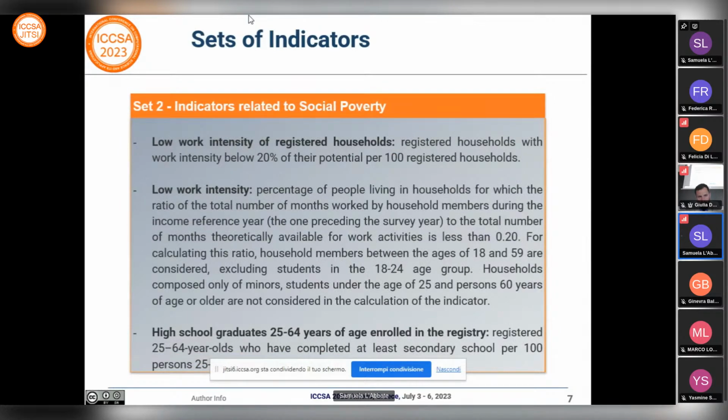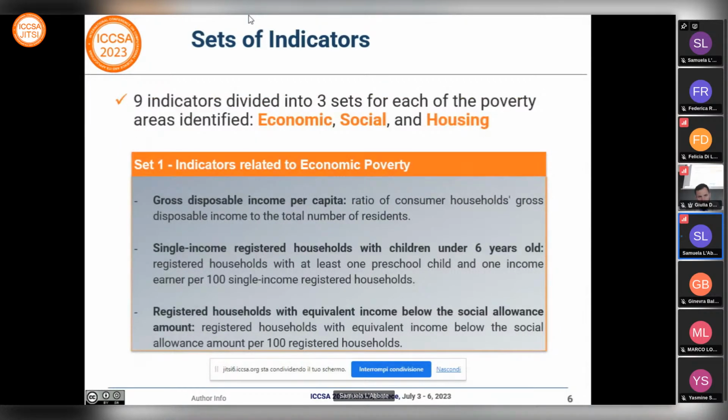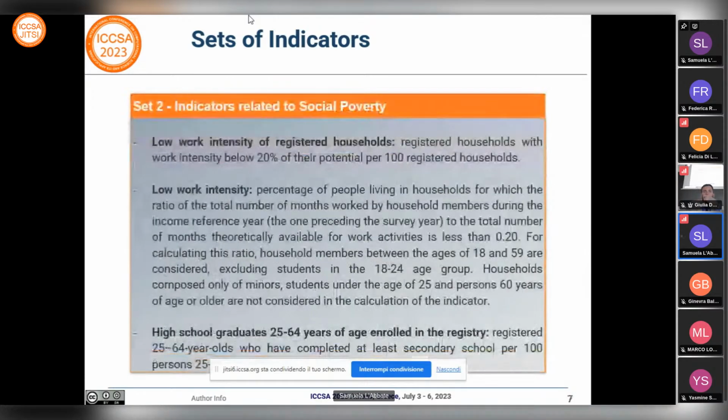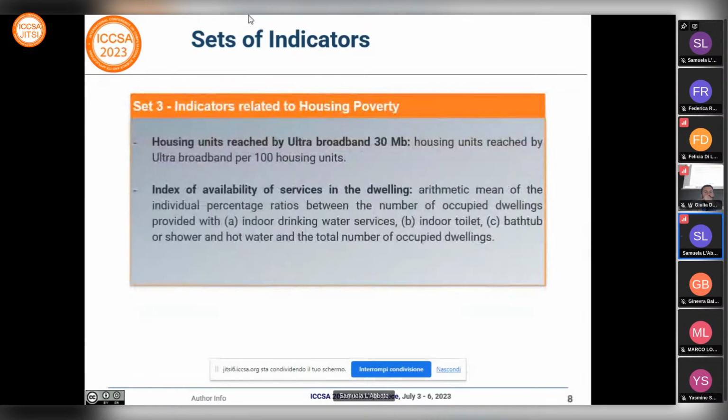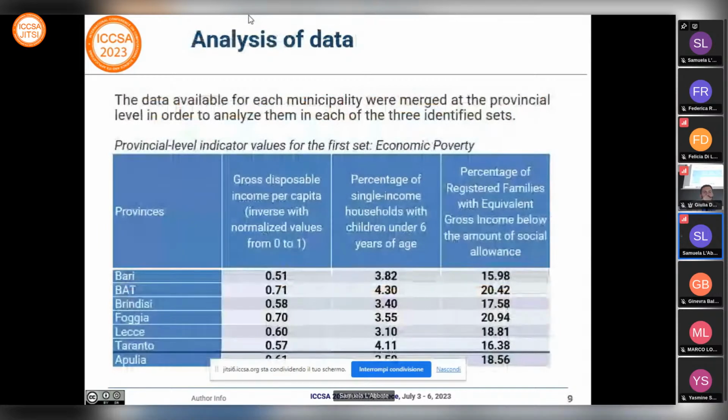There are indicators related to economic poverty, social poverty, and housing poverty. The data available for each municipality were merged at the provincial level in order to analyze them in each of the 3 identified sets.